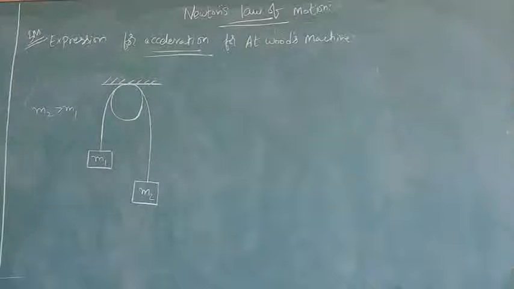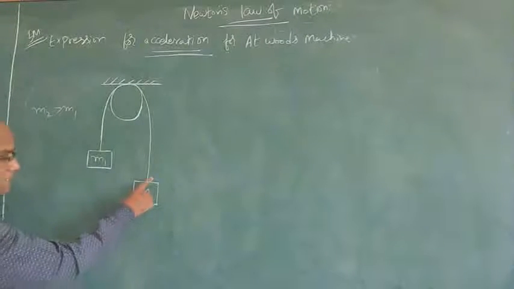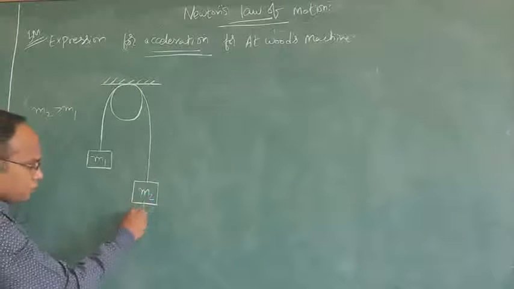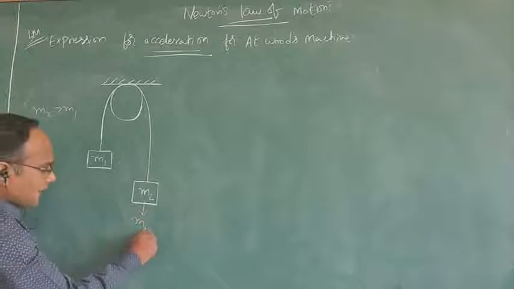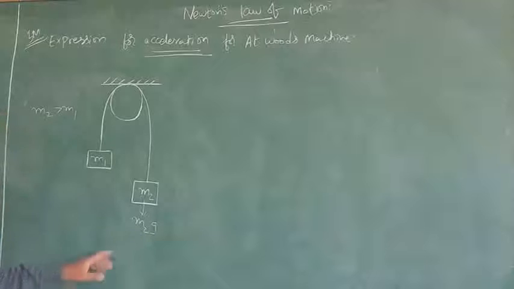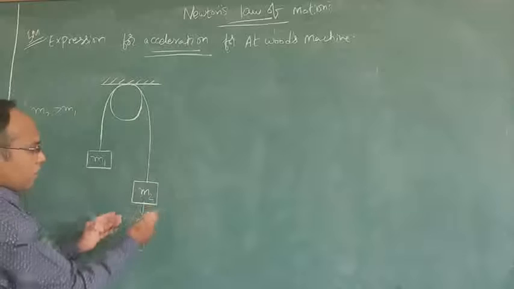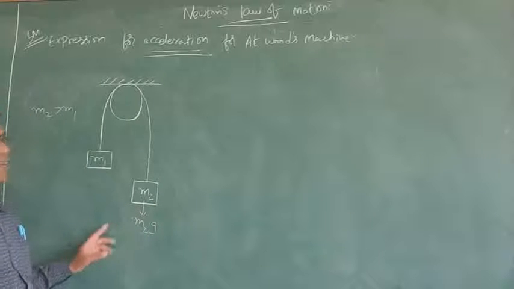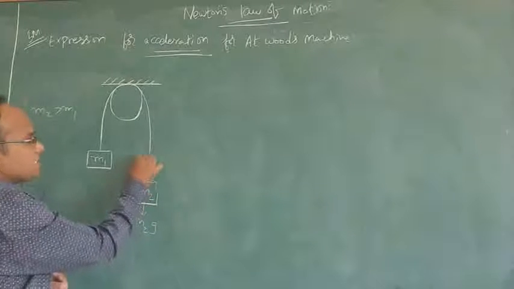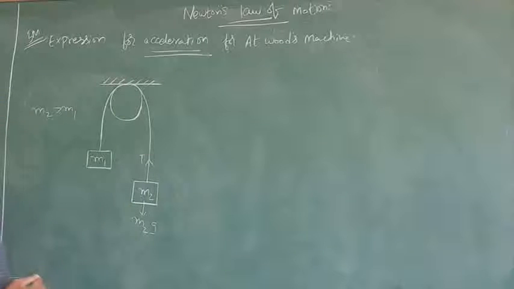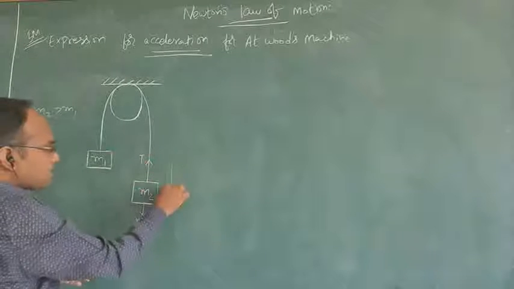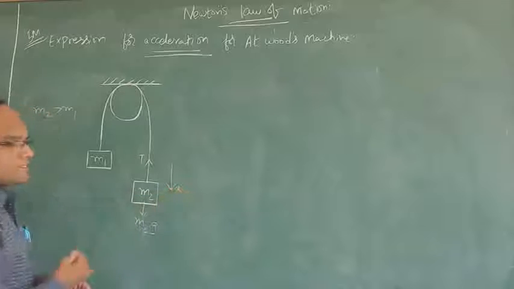Now here, how to take the equation? When M2 is moving downside, it is acting under the acceleration due to gravity, M2g. When it is moving downside, where is the tension acting? The tension is acting on the upside. When it is moving downside, acceleration is downwards.